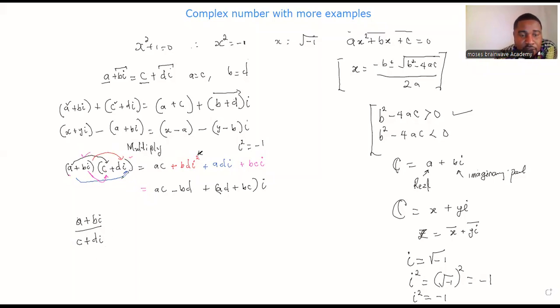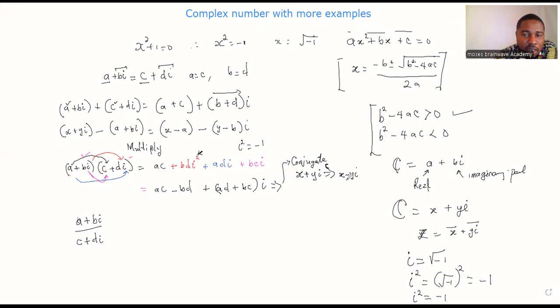Now, basically, this is very interesting because from what we have discussed before, from the concept of the conjugate of a complex number: the conjugate of a complex number is just that same number with the sign interchanged. So, for example, if I have x plus yi, then the conjugate of this is just going to be x minus yi, right?